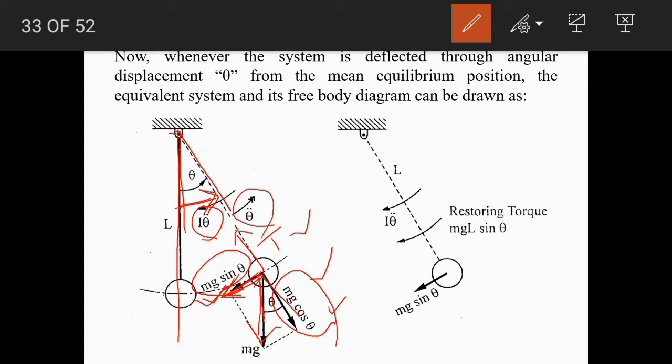So the system is subjected to two couples or moments, or we can say torques. First, mg sin theta into L, and second, the inertia couple I theta double dot. Both torques act in the clockwise direction when viewed from the front, which we can clearly see from the FBD.